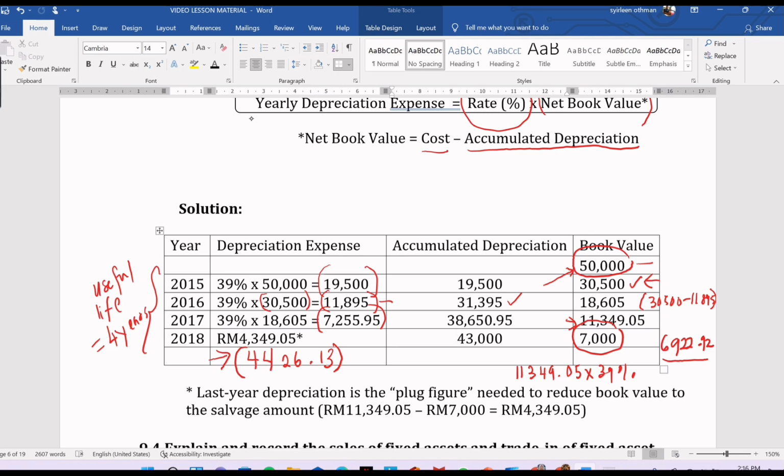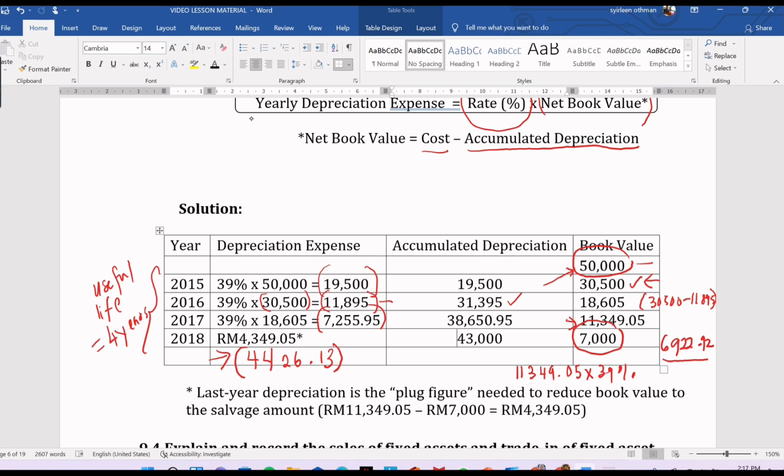So that means I don't comply with the requirement of the question. So that is why for the final year only, we just leave 7,000 here as the book value, because we know the book value is the final balance of the net book value, which is your salvage value. Other than that, 7,000 will be considered as depreciation expense. So that is why for the final year of depreciation, we call it a plug figure.